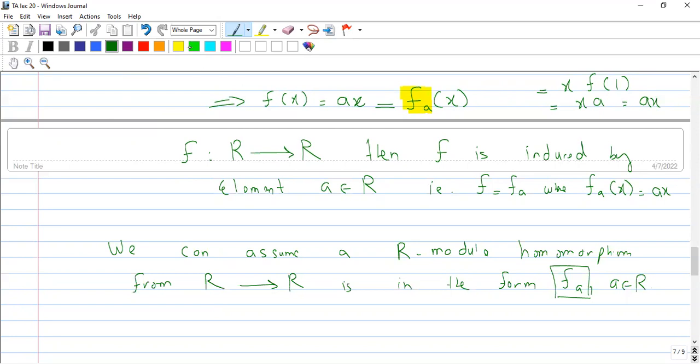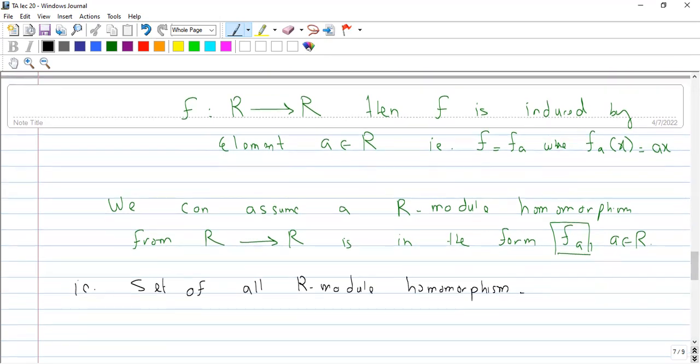Or in particular we can say that if I'm considering the set of all R-module homomorphisms from R to R, it is in this form, क्योंकि हर R-module homomorphism f_a की form में है, where a is an element of R. So actually in this way, that's why we classified all R-module homomorphisms.